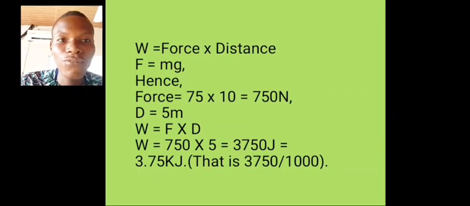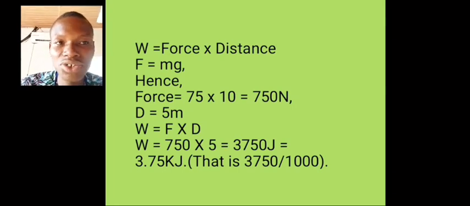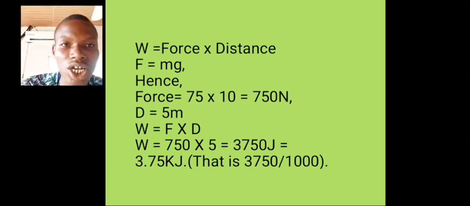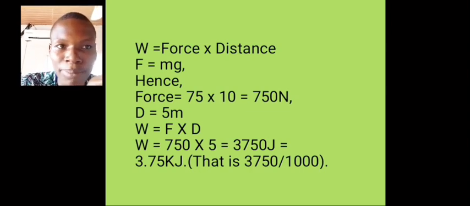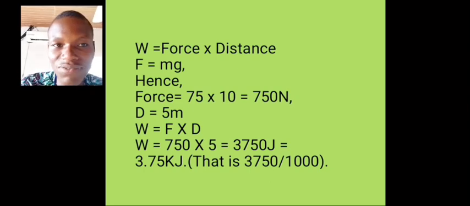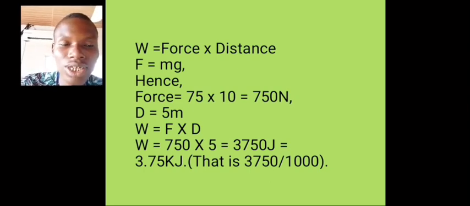So your force will be 750 Newton. Remember, the unit of force is Newton. Your distance is given as 5 meters. So if I substitute, my force is already given in this situation, 750 Newton. So my work done equals 750 times the distance, which is 5.